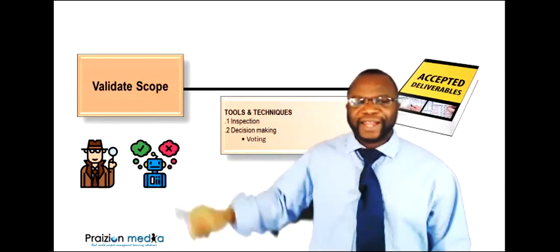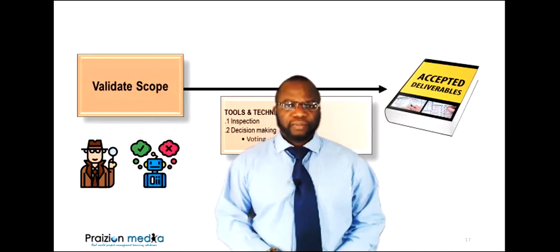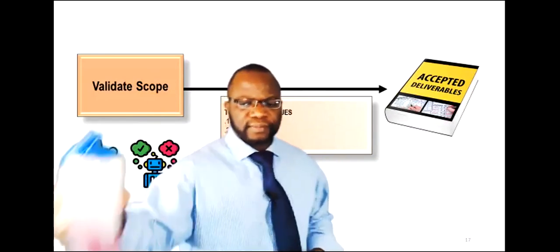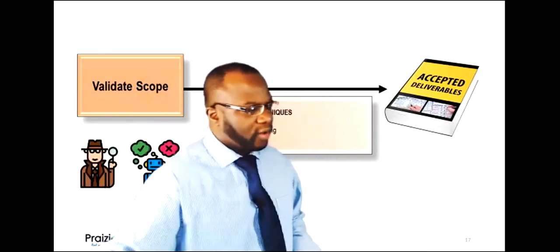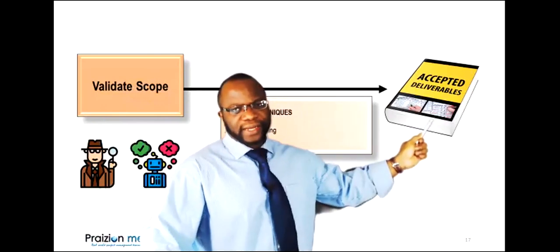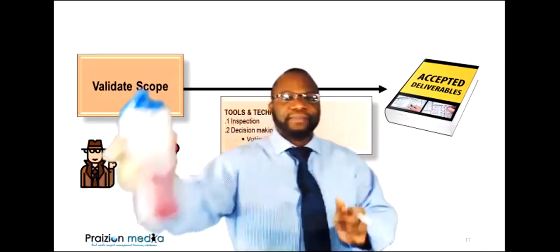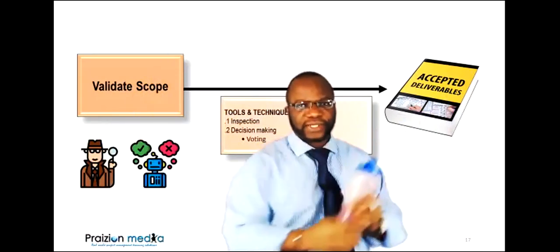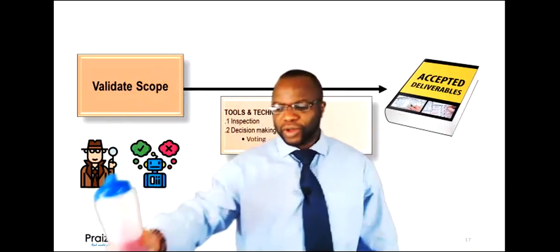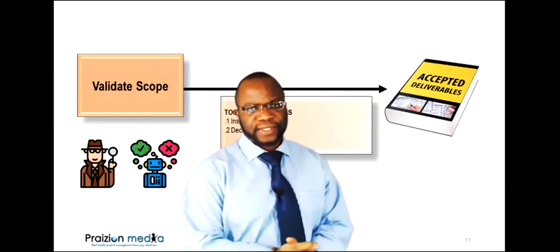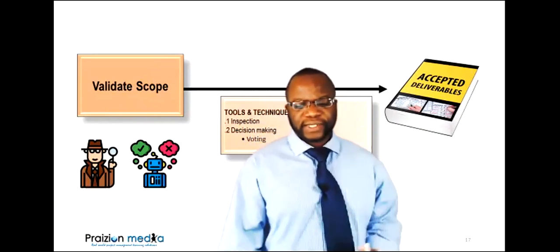So we call it validate scope, but at the end of the day, if Phil says it does meet my requirements, then you're going to get an accepted deliverable. Accepted means I accepted. Yes, this is what I asked for. This is it. This is what I wanted. Thank you very much, project team. I accept. It's called an accepted deliverable.